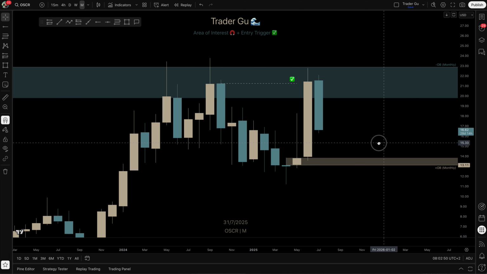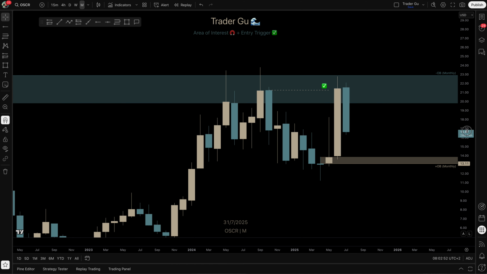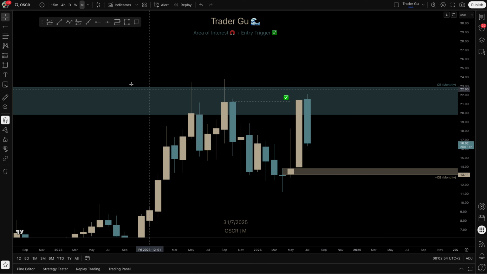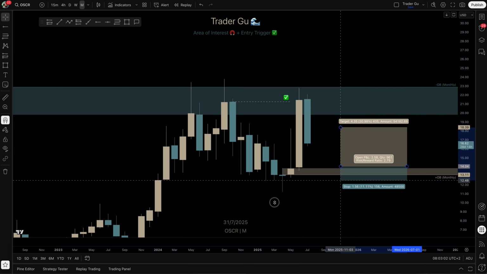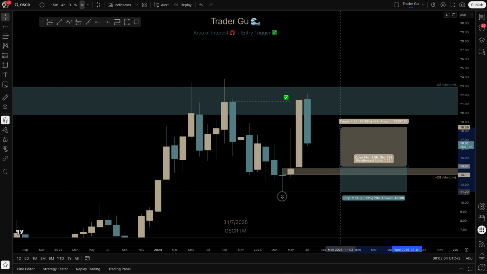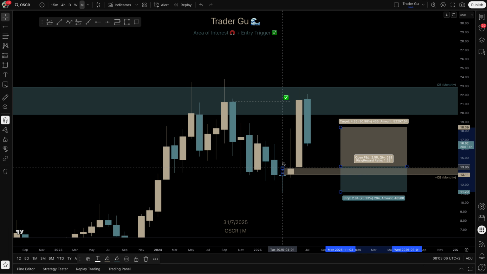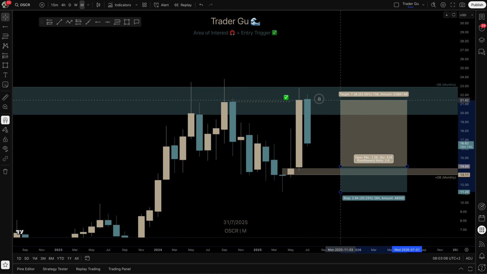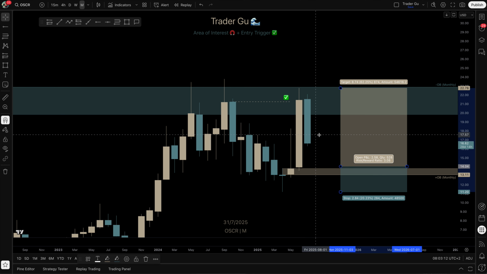That would be a very nice high risk reward entry. And if I were to enter at that level, I would most likely keep my stop loss just below the invalidation level for this order block, and I would be targeting most likely the highs.